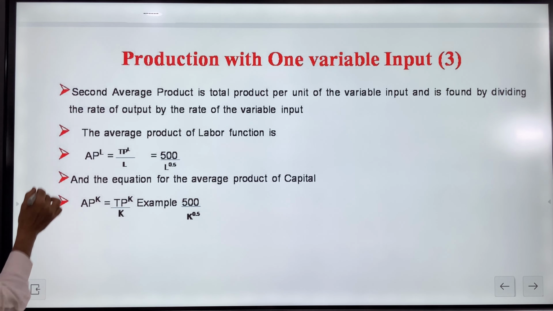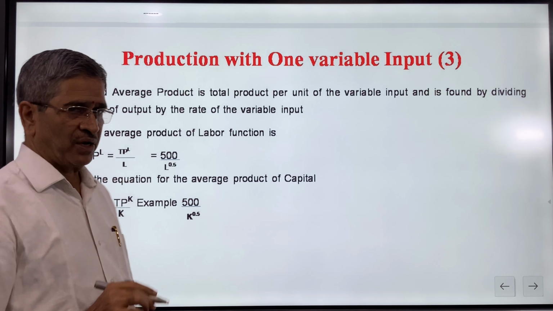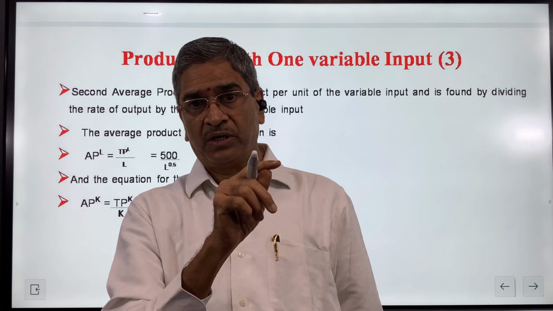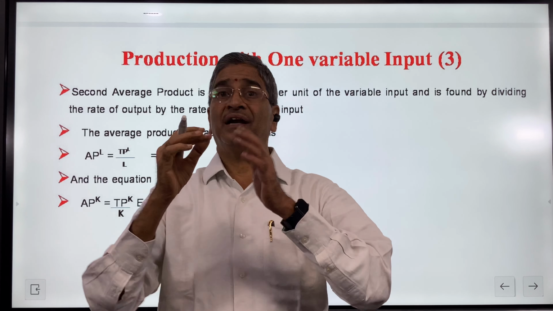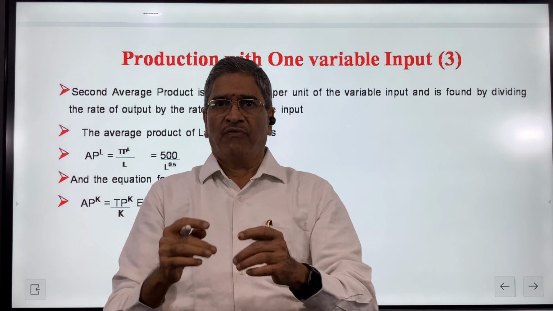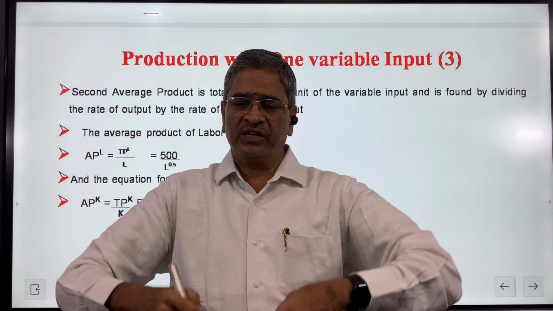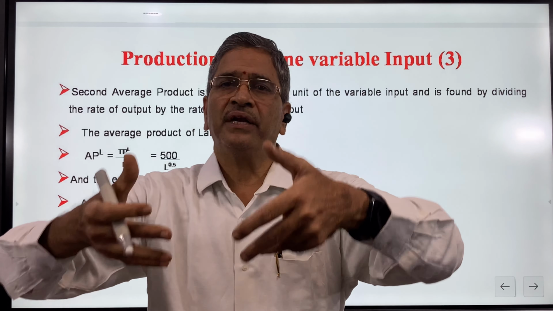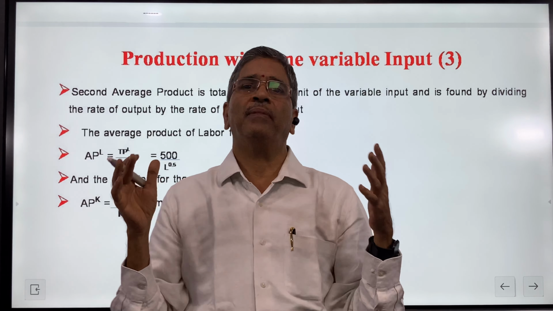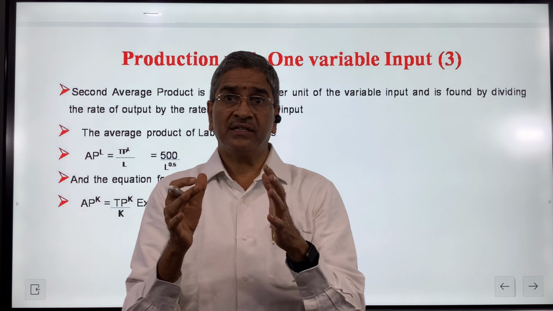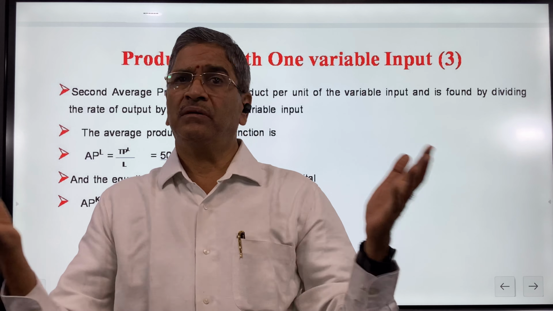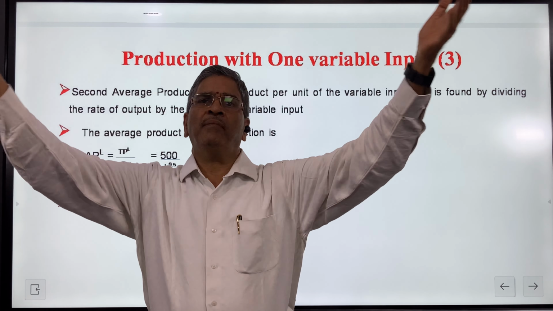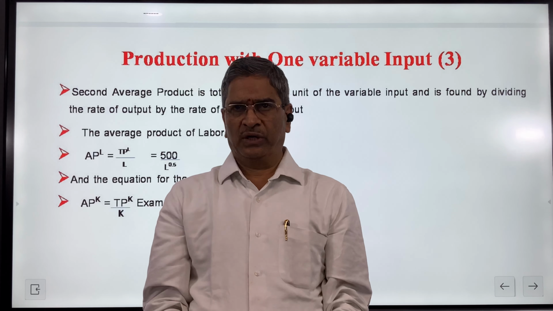Now the last part is average product. There is a difference between marginal product and average product. Marginal product is additional product. For a given change in the input, the additional quantity you have produced is called marginal product. Whereas average product is the simple arithmetic mean that you studied: total number of products divided by number of units.